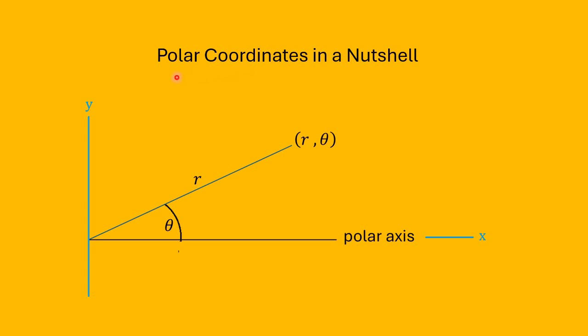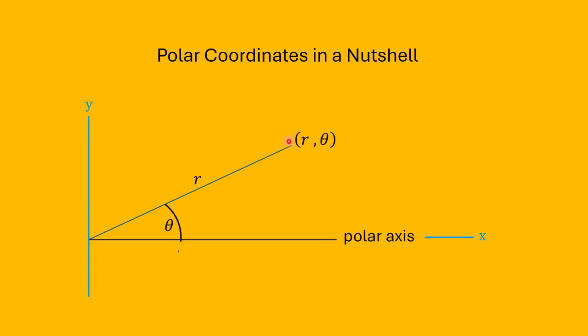Here is a graphical summary of polar coordinates in a nutshell. Suppose we draw a straight line to start with, and we'll call that the polar axis. Then we can create an angle theta and draw another line here which makes that angle theta with the polar axis.